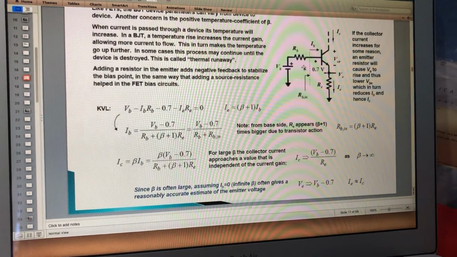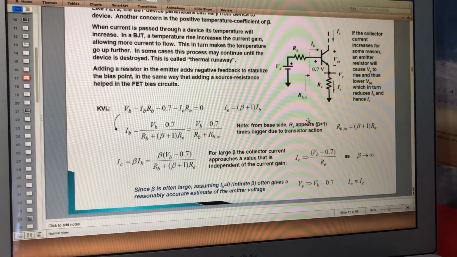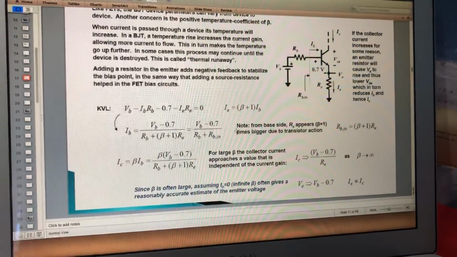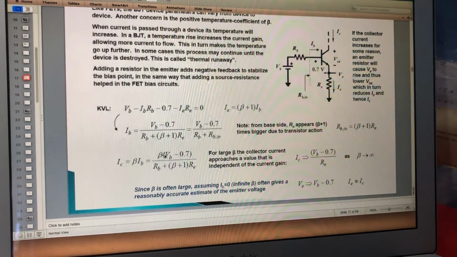So that's why VB minus 0.7 is not exactly equal, but you solve this equation. So this is what it means: it will be independent of current gain, so there are not many variations here. We will find an example later in our class, and then we will do this equation.